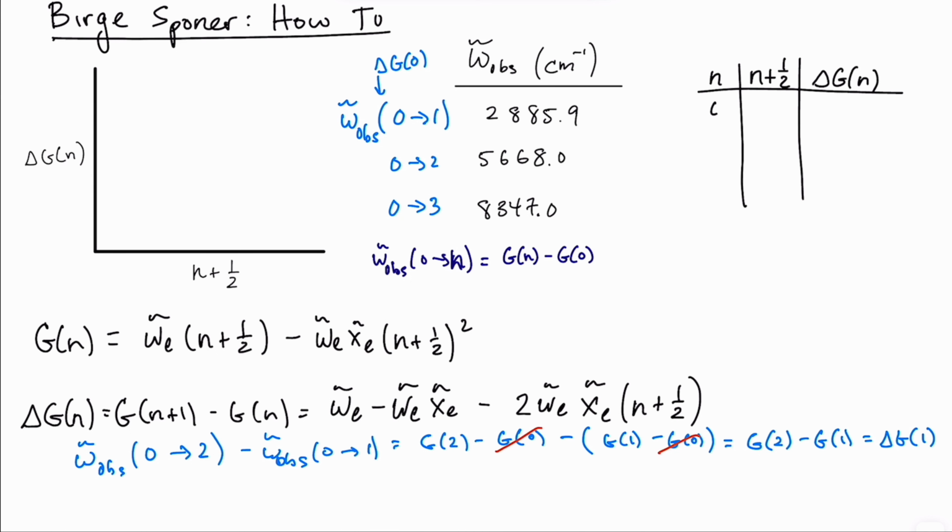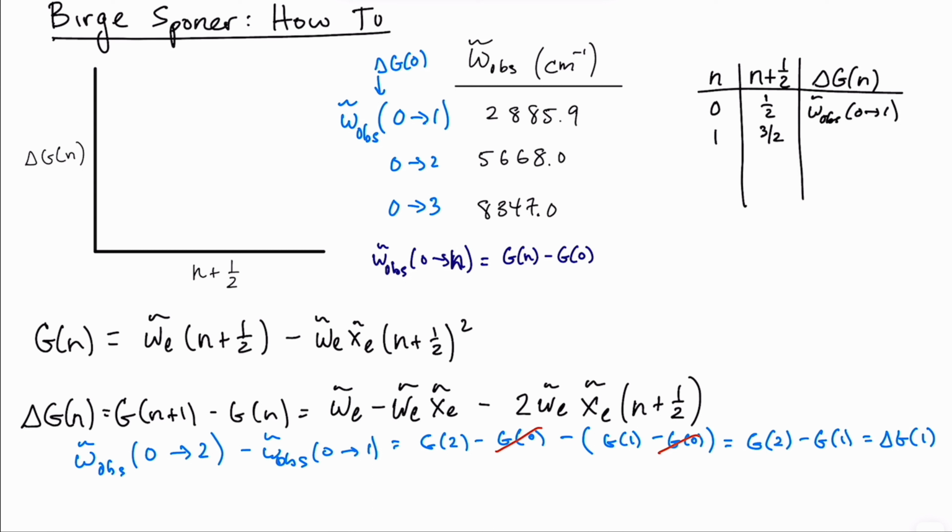So for n equals 0, the first one, that gives us 1/2 for n plus 1/2. And remember, the delta g of 0 is just omega observed 0 to 1, so we're just going to put that directly in there as omega observed 0 to 1. Okay, and then the next one we'll see is 1. 1 plus 1/2 is 3 over 2.